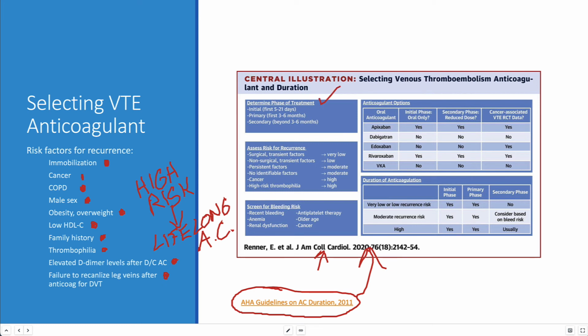If this is an initial thing, the patient was involved in a car accident and ended up getting a VTE, or a DVT and pulmonary embolism because of some leg injury or something, that should get better, and we will only need to address the initial and primary phases.